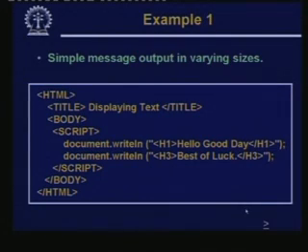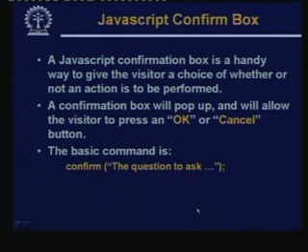Okay. So, let us now move to a second example which will illustrate something called a confirm box. Now, a JavaScript confirm box or a confirmation box is basically a way to allow the user or the visitor to give a choice as to whether certain specified action is to be taken or not.